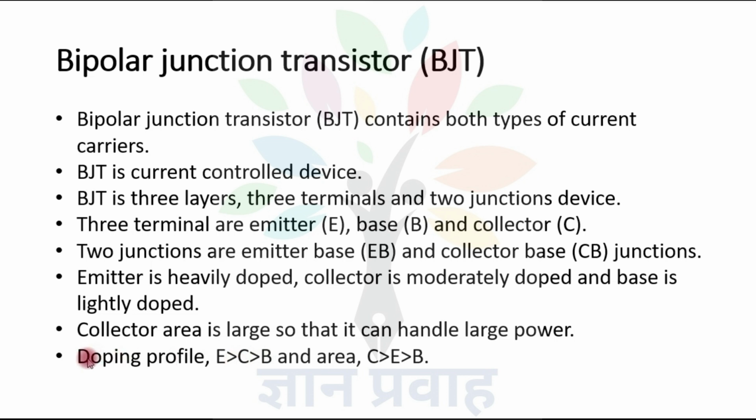Here we are showing the doping profile of these three terminals. The doping of the emitter is large, the doping of the base is less, and the collector is moderate, in between the emitter and base. In case of area, the collector region is large, the base region is small, and the emitter is in between the collector and base.